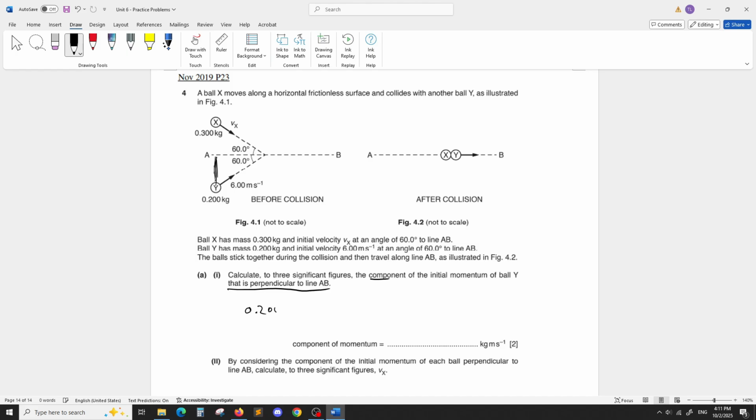So 0.20 kg times 6.0 meters per second times sine 60, because it's the y component, so it's going to be 60.